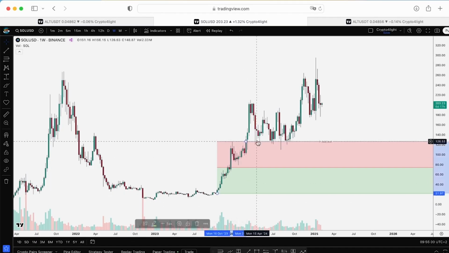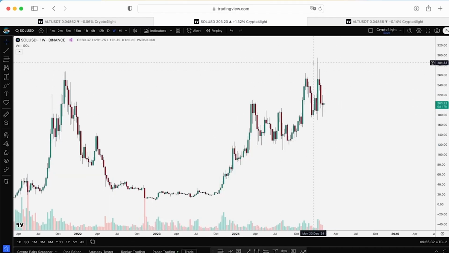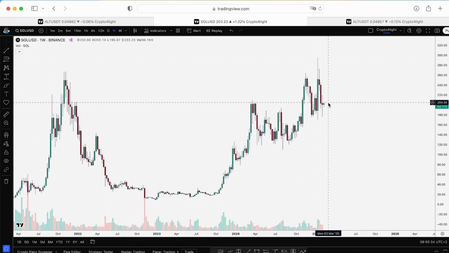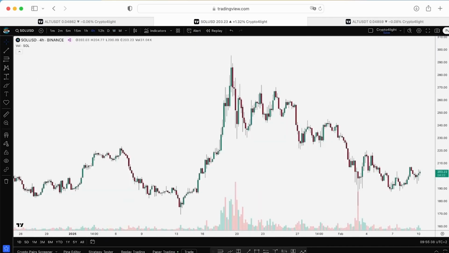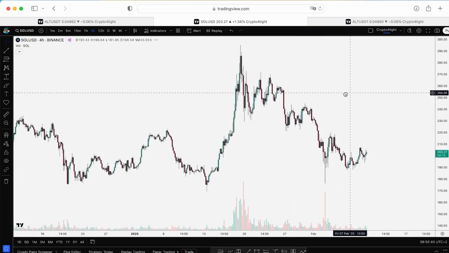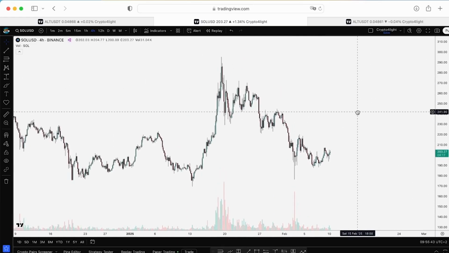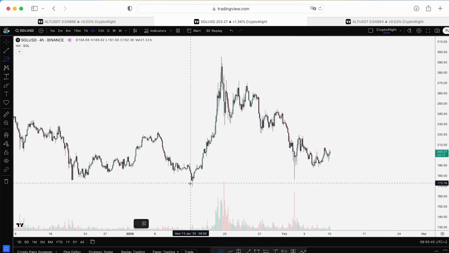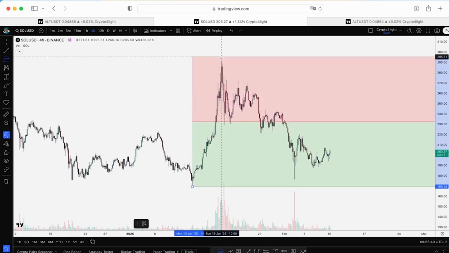The same story, for example, we trade now in a premium zone, time to sell. But of course, on the 4-hour time frame, here, we trade in discount. So this is an impulse. It's a 4-hour time frame. So this one.